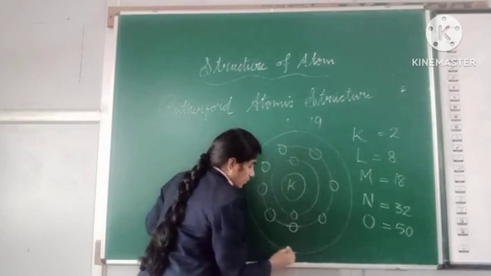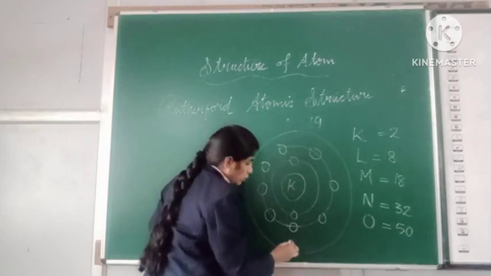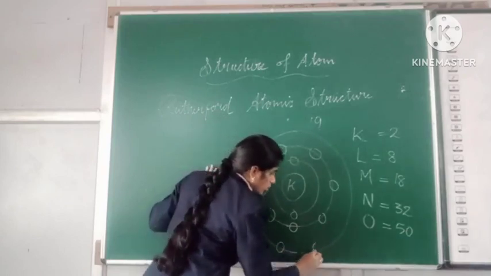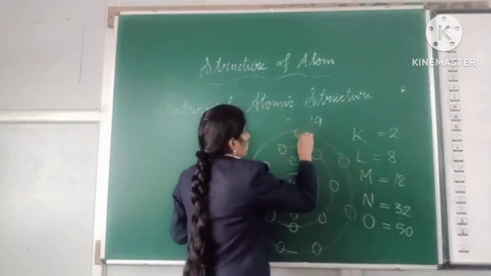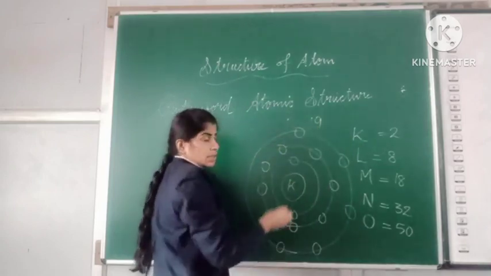The next one is the M shell. How many electrons can the M shell accommodate here? 8 electrons, because the total atomic number is 19 only.